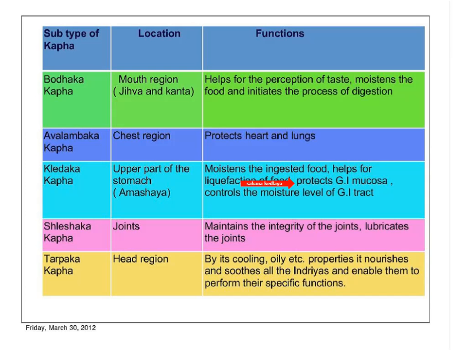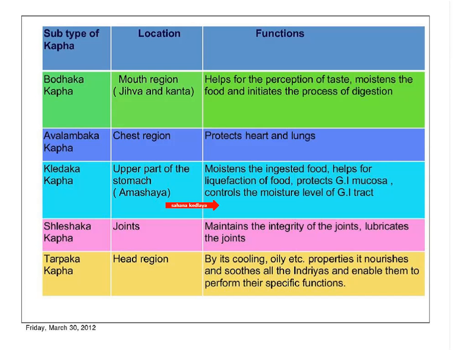That is when we get the gastric ulcer or other conditions, the peptic ulcer, etc. That is another function of Kledaka Kapha, protecting the gastric mucosa against the various secretions of the gastrointestinal tract.